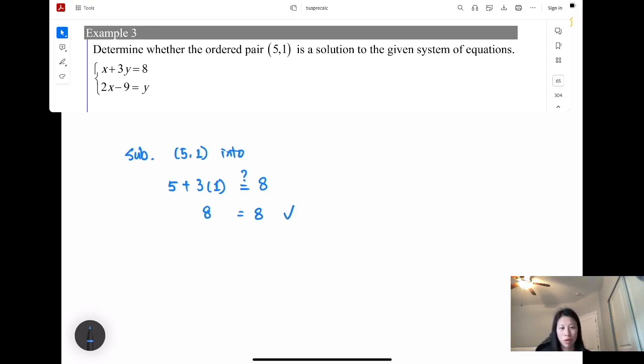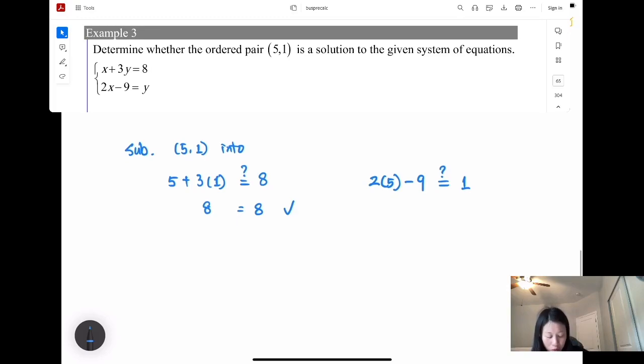Now let's substitute into the second equation. 2 times 5 minus 9, does it equal y, which is 1? We don't know, that's why we have a question mark. 2 times 5 equals 10, 10 minus 9 equals 1, 1 equals 1, yes. So the ordered pair satisfies both equations of the given system. That means the ordered pair is the solution.